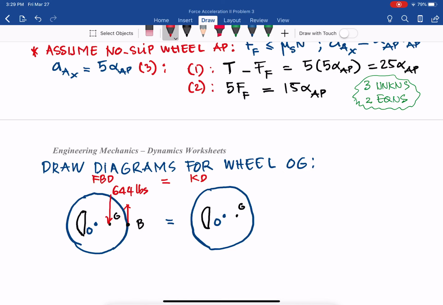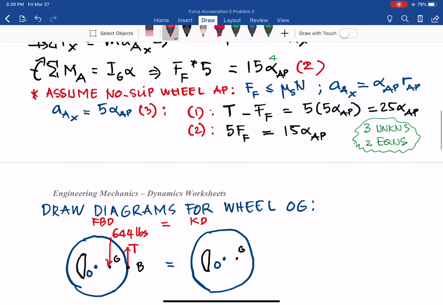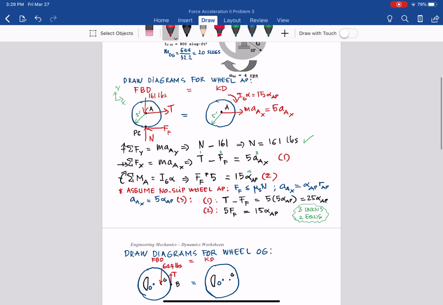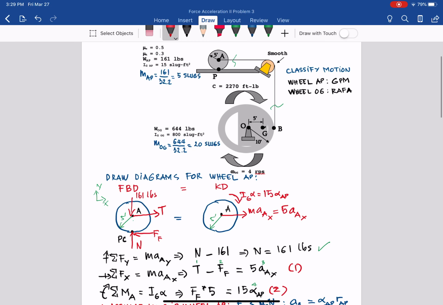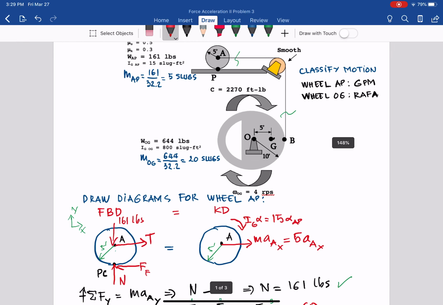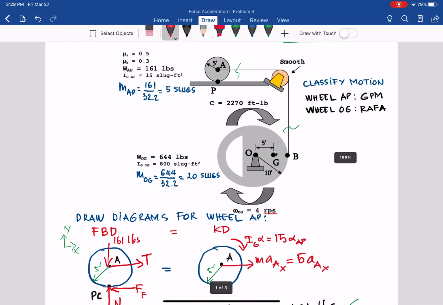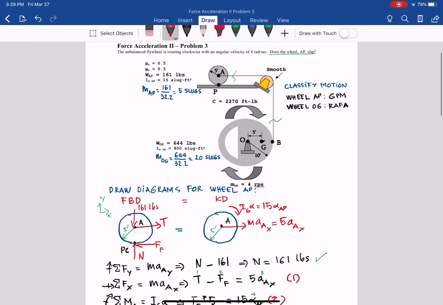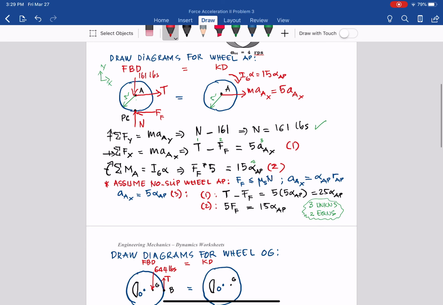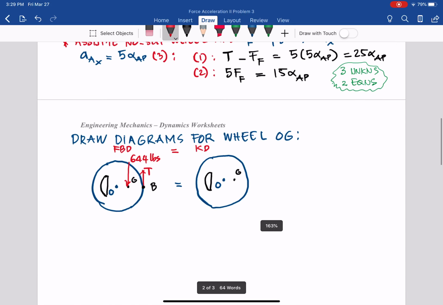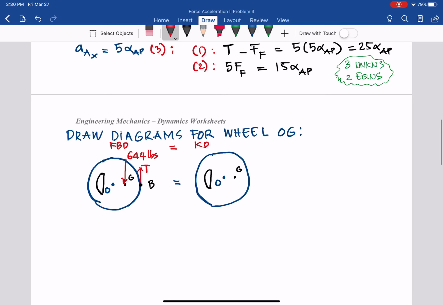That's the same tension we have above. So it's not a new one, because as you can see, it is hooked to the smooth pulley, the yellow one there, and that one is smooth, it means no friction, so it only changes the direction but not the tension itself. So that is T, and at pin O, like I said, we have OX and OY.